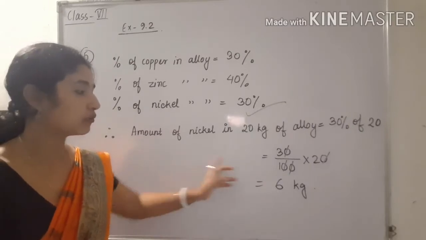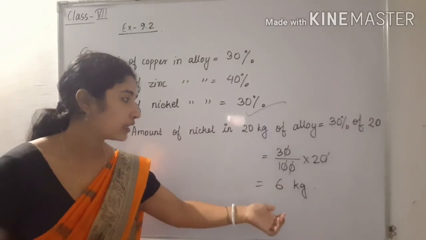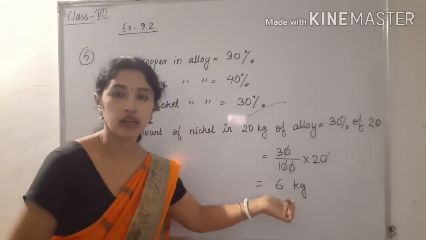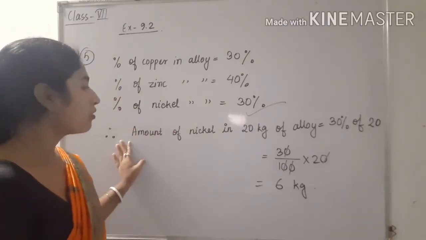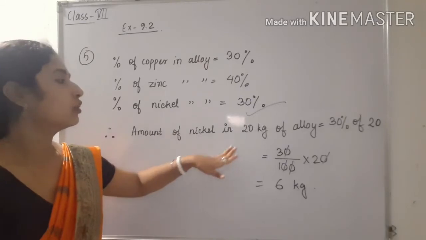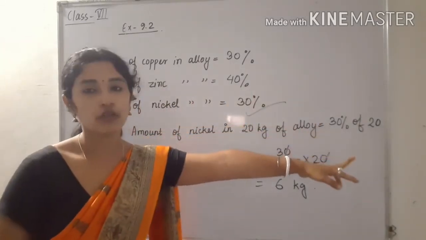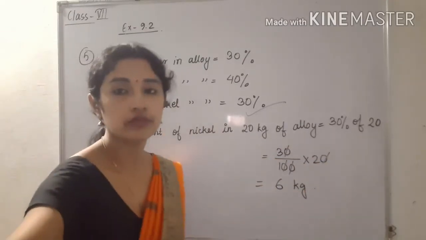So 30% of 20 is 6 kg. That means 20 kg of alloy contains 6 kg of nickel. Similarly, if they ask the amount of zinc in 20 kg of alloy, we have to do 40% of 20. That way we can easily find the weight of zinc.